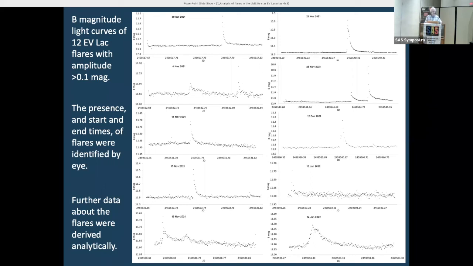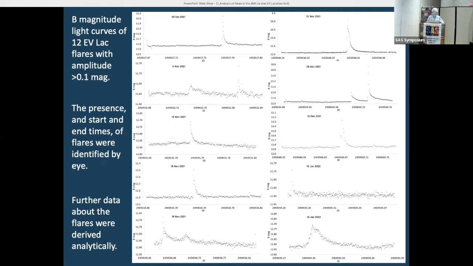The first thing we did, because we have a relatively small sample, I mean, the 2 nights had 2 flares on them, so we managed to get 12 flares altogether. The first thing we did was to eyeball these. We have a sufficiently small sample that we can rely on that as a way of analyzing them. If you're dealing with a very large sample, you have to automate that process. So we were able to be fairly subjective in deciding whether a flare was there in one of the data sets and when it started and when it finished.